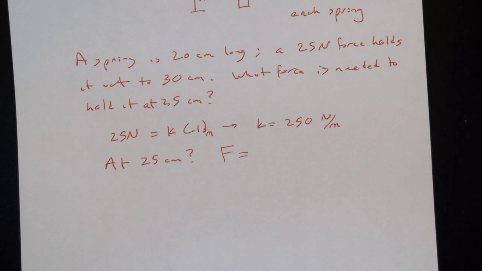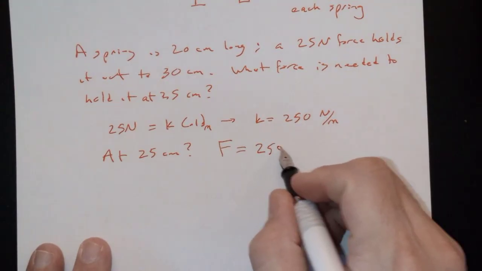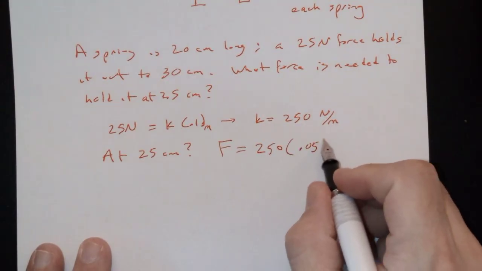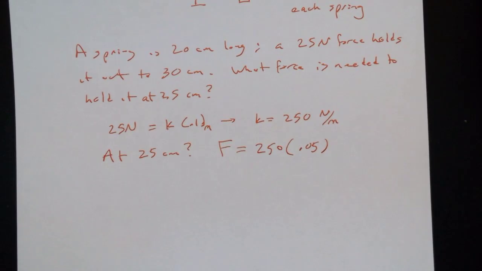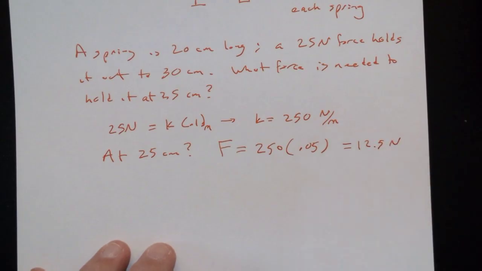Say 12.5? Yes. It's K times X. But I got to make sure the units are right here again. If I'm doing this in meters, 25 centimeters from 20, my displacement's 0.05 meters. And so, yes, I get 12.5 newtons. I could also say, hey, I'm going half the distance, I need half the force. Half of 25 is 12 and a half.